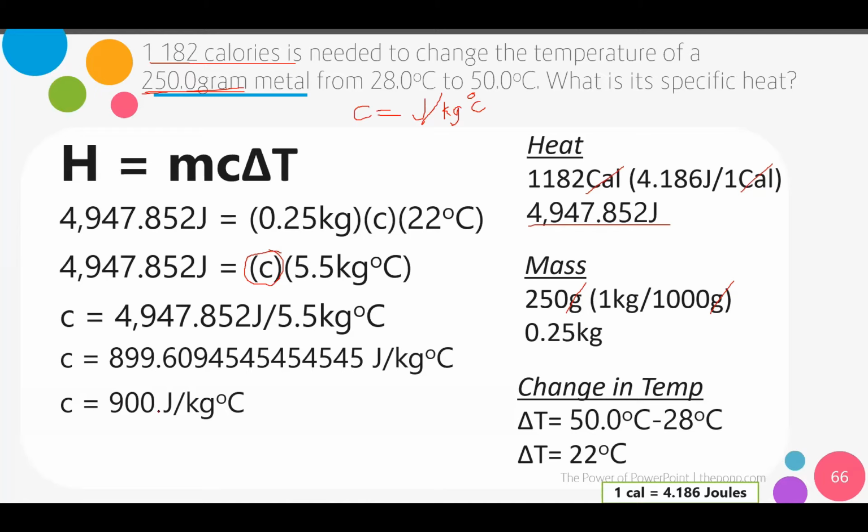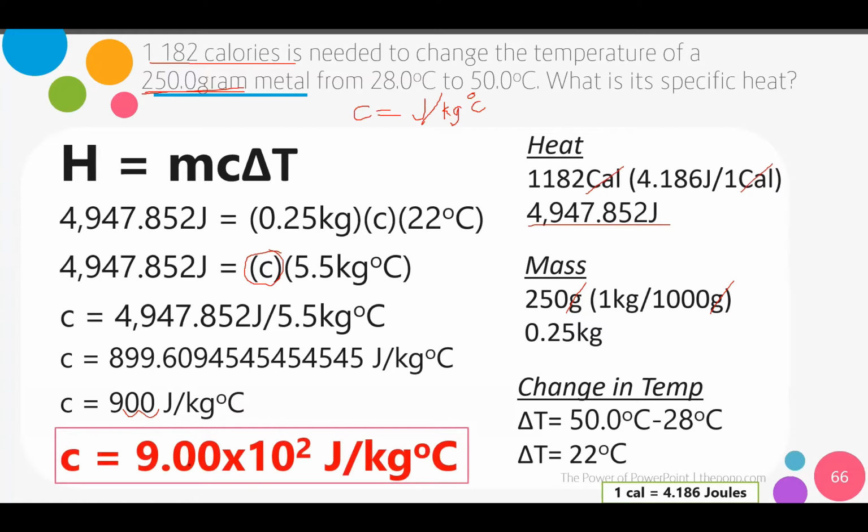So from 900, move natin 1 and 2, and that is 9.00 times 10 to the power of 2 joules per kilogram degree Celsius. And 9.00 times 10 to the power of 2 is now 3 significant figure. And that is the specific heat of the metal, which rises its temperature from 28 to 50 degree Celsius. Okay? So another example.